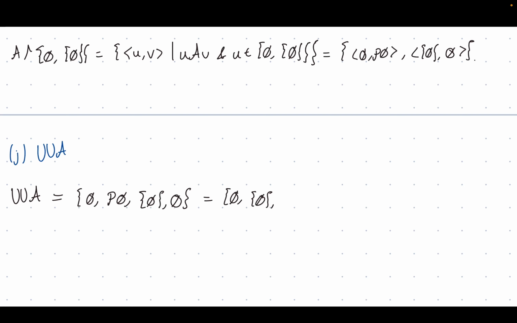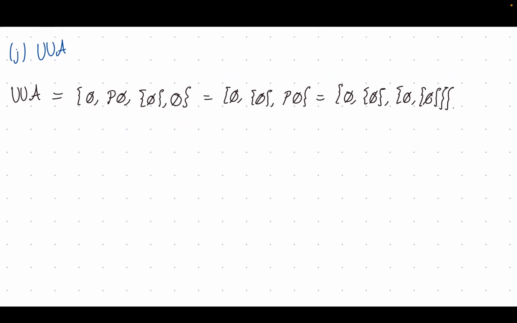So it's going to be this set and the power set of the empty set. And if you want to expand the power set of the empty set, it ends up looking like this. And there you have it. The union of A.